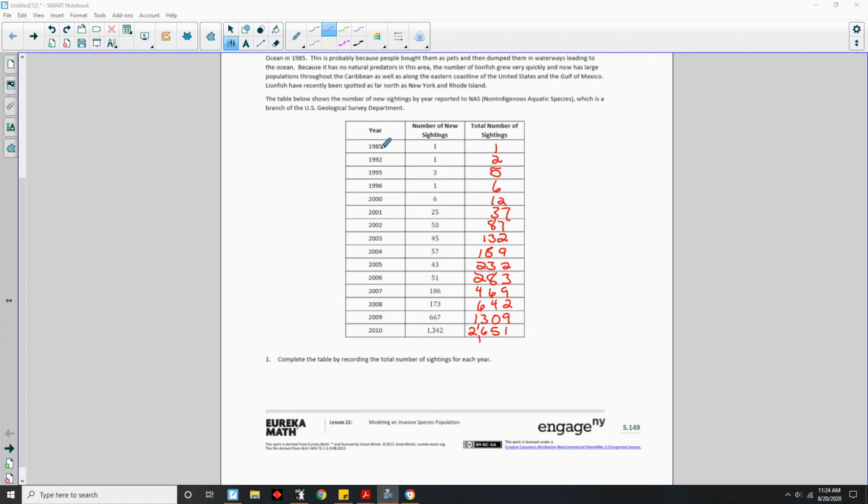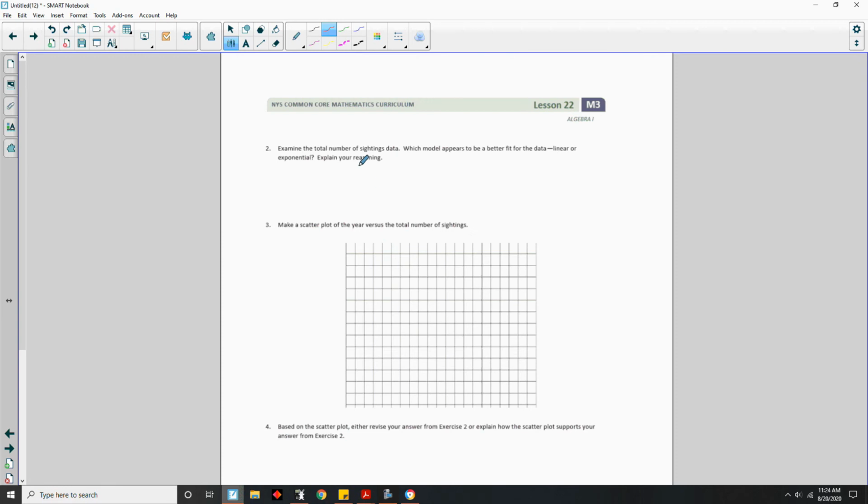In this situation, we aren't going 85, 86, 87, 88, but in the real world, we can still fit this. This is going to be more like a best fit, okay? So which model appears to be a better fit, and it says it right there. So we're not looking for exact, we're looking for a better fit, we're looking for a best fit, linear or exponential function.